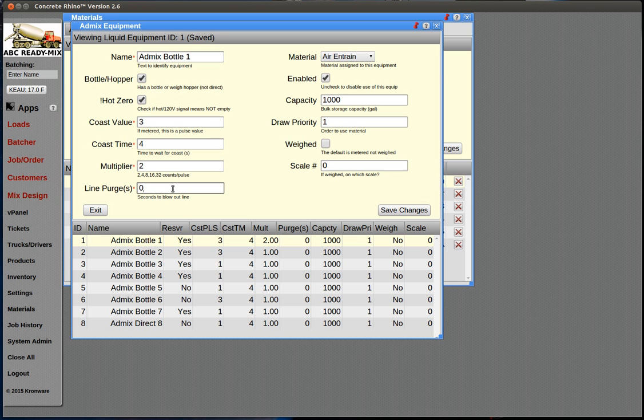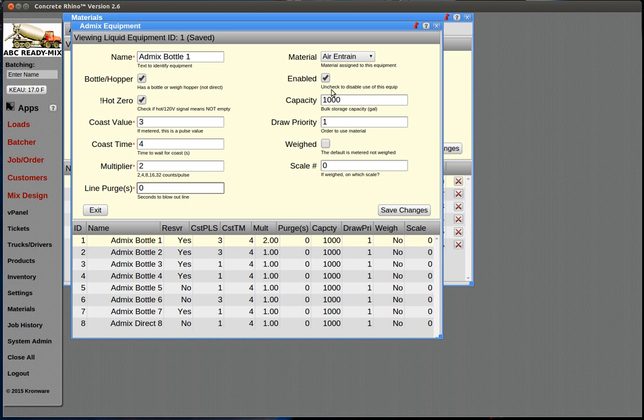So if this is a bottle, it will start this count after the bottle empty. If there's no bottle and it's a direct feed, then this is just applied at the end of that time. I'm trying to think if that makes sense. Probably not. Probably for directs, there's no blowing out of the line. This is just for a bottle.